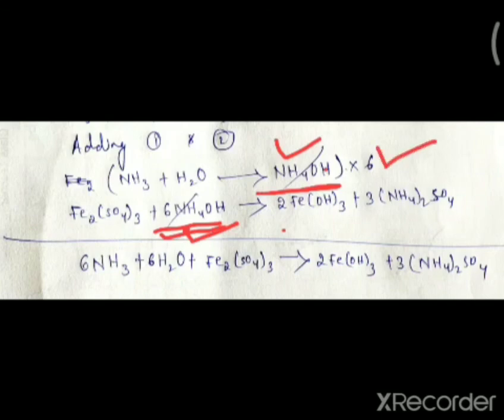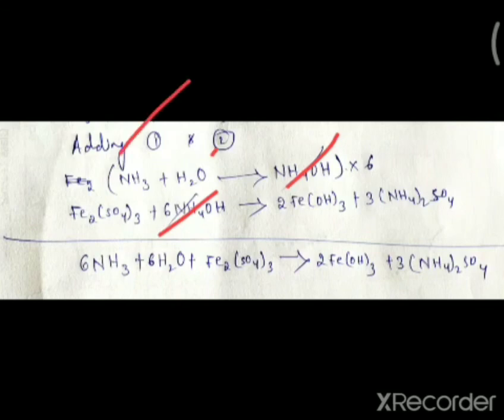So after multiplying the first equation by 6, we will get 6 ammonium hydroxide on both sides. That's why we cancel on both sides, okay. After cancelling, what will we get? You have to write whatever is left, okay.